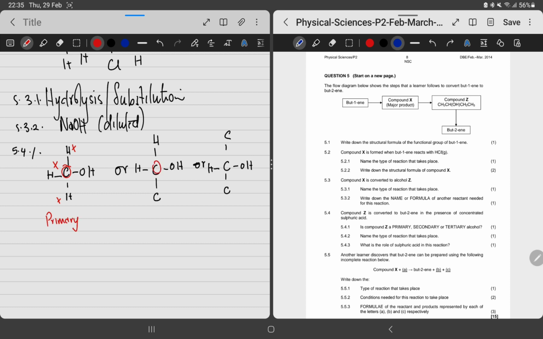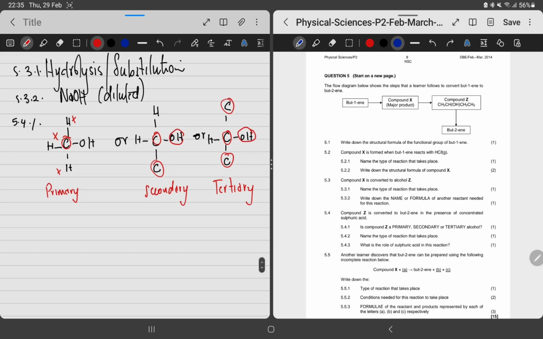And then when you have that carbon attached to the hydroxyl group and it is also attached to one other carbon, this is a secondary alcohol. And when the carbon attached to the hydroxyl group is attached to two carbons, that is a tertiary alcohol.